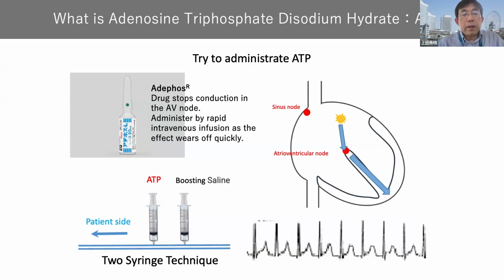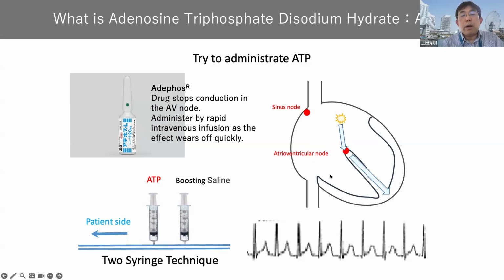But we should be very careful, because some pediatricians might give the ATP very slowly, which means nothing, because we have to give this kind of drug in one beat. So whenever we give ATP, we always have to boost it with saline, maybe 5 to 10 cc, to reach the atrium in one beat.